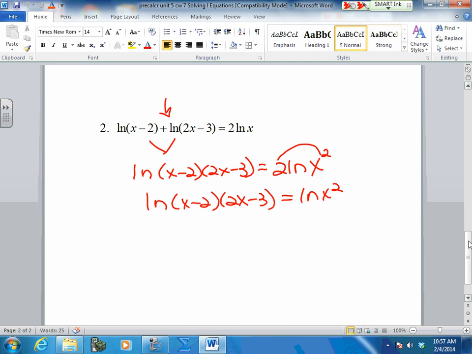How many factors? 2 factors, 1 term. Terms are separated by pluses and minus equal signs. There's 1 term here, there's 1 term here. When there's 1 term, you can take the logs away. Just as you put logs there, you take them away.